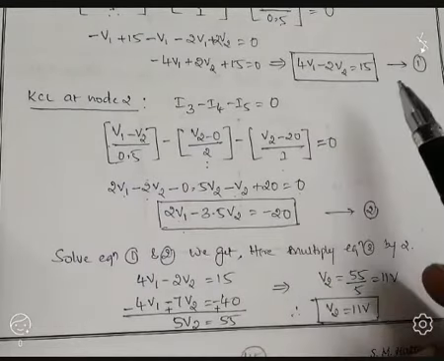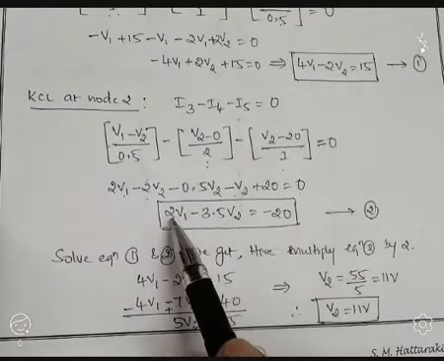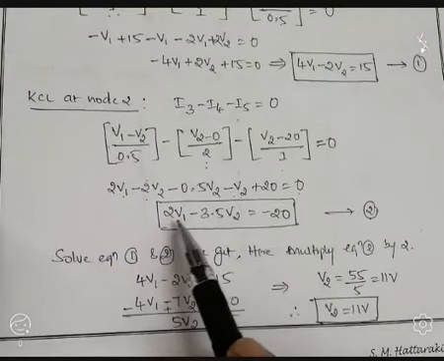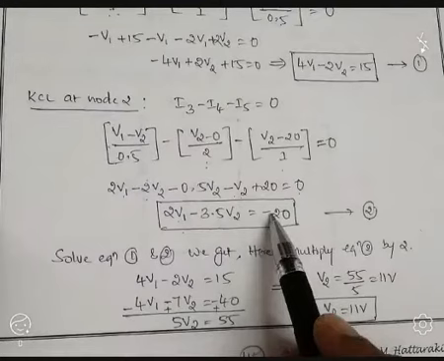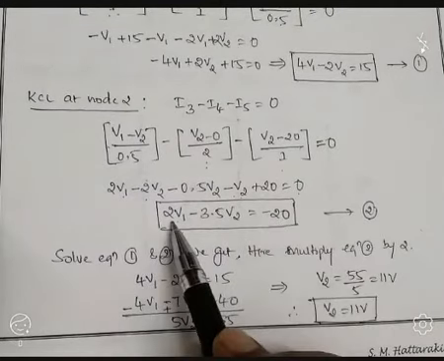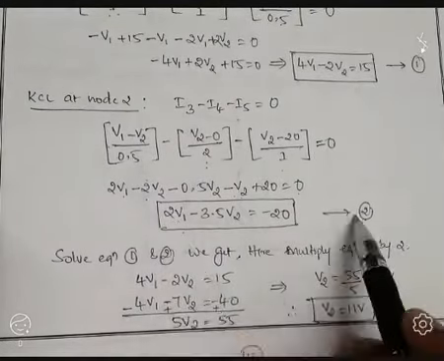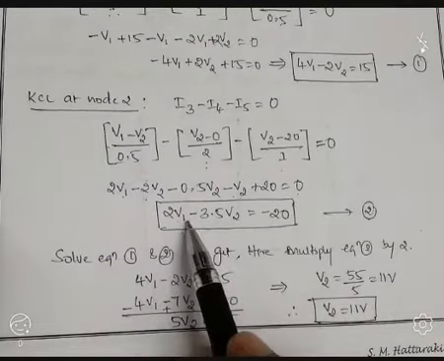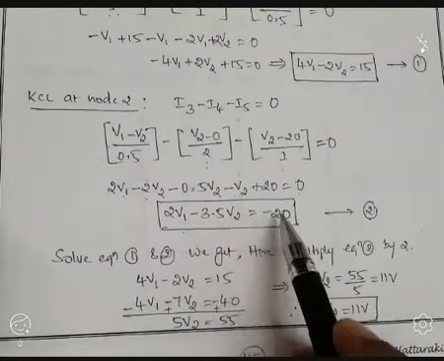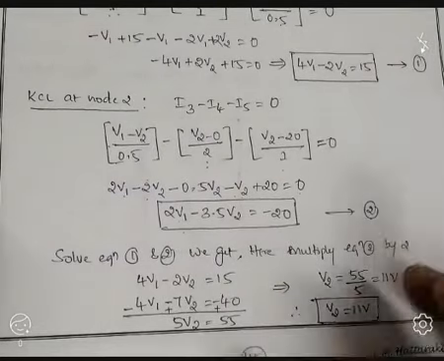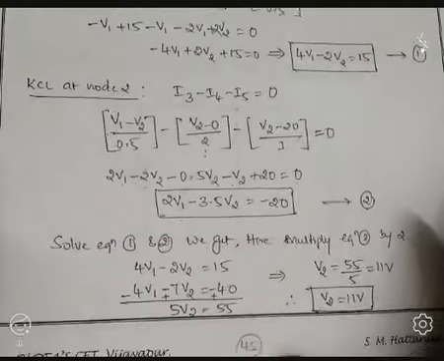So I am going to multiply equation 2 by 2 to calculate the value of V2. It becomes 4V1 minus 7V2 is equal to minus 40. Now I am going to add these equations.